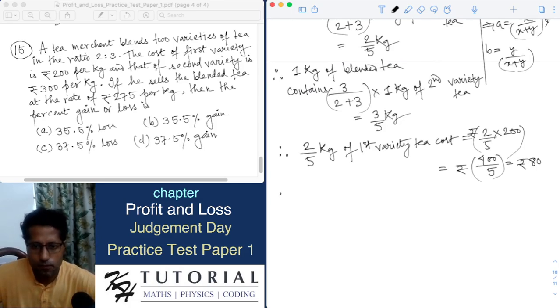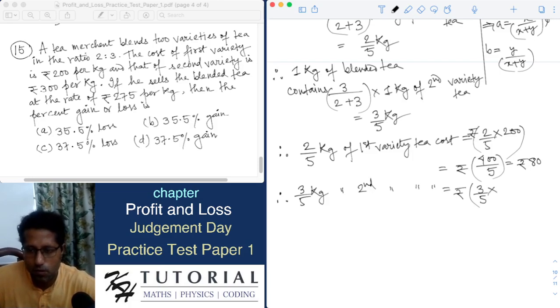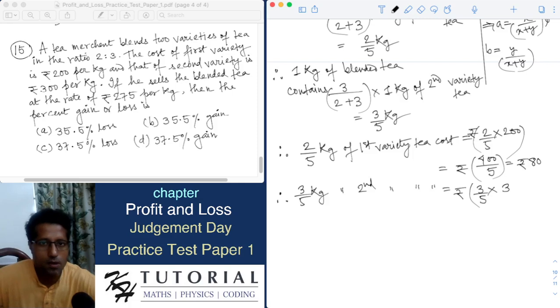Also, 3 by 5 kg of second variety tea will cost 3 by 5 into 300, since the cost of the second variety of tea is rupees 300 per kg.